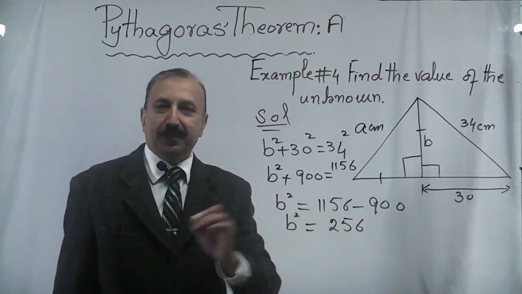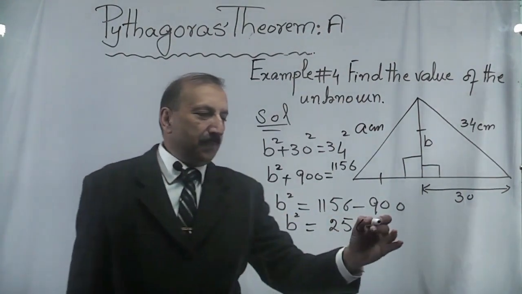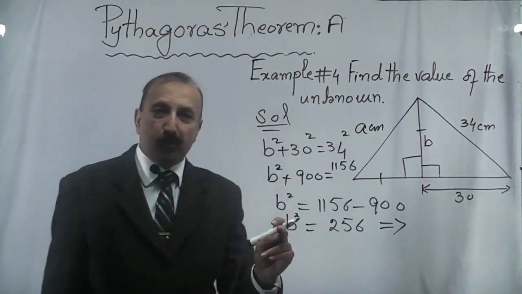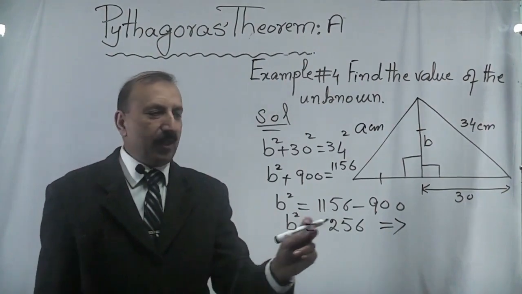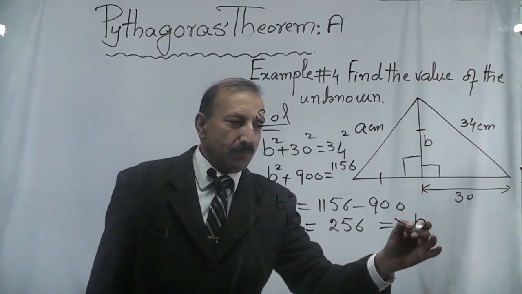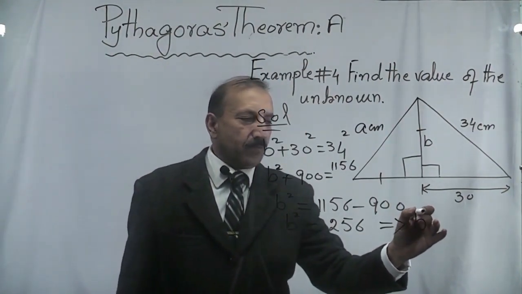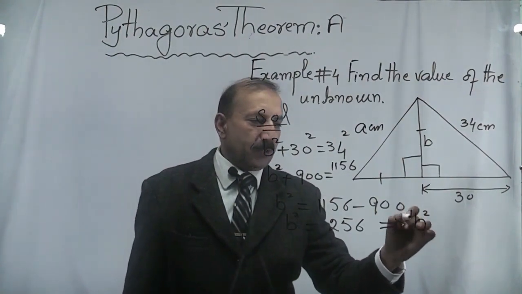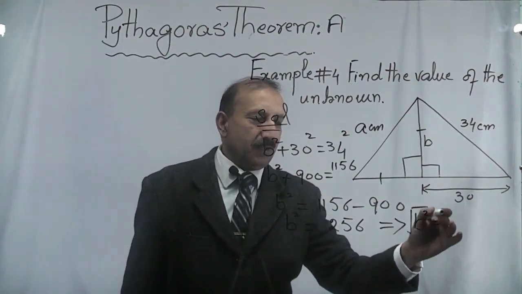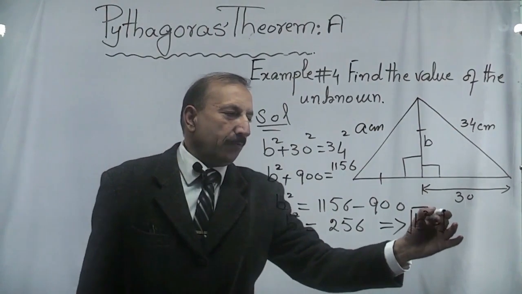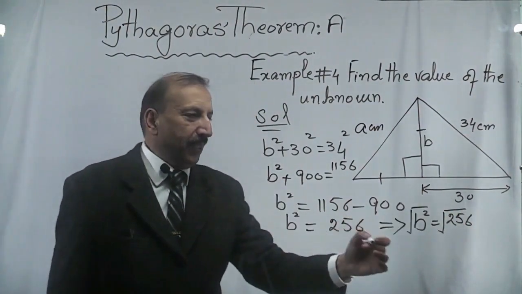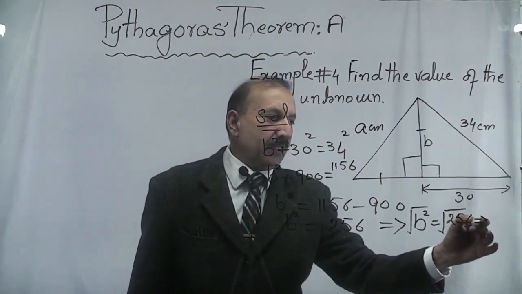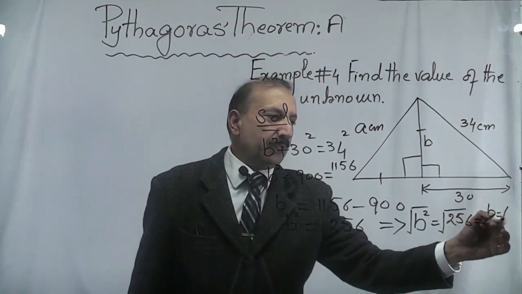This is b squared, and this implies that when we operate square root on this b squared and on this one, the value of b will be equal to the square root of 256, and this will give us the value of b, that is equal to 16.